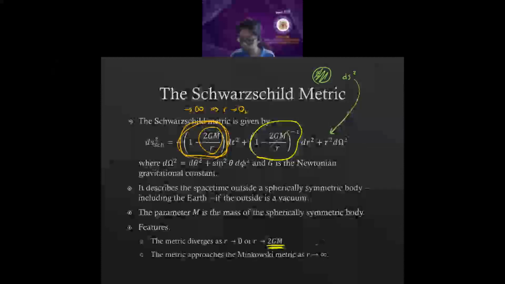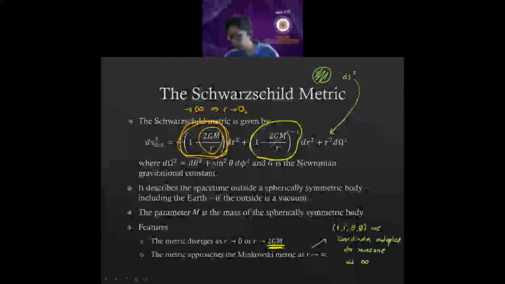So this means that the coordinates are adapted to someone at infinity, someone that is far away from r equals 0.